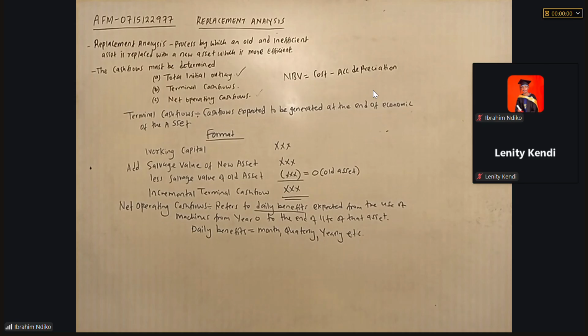So on a daily basis, weekly basis, monthly, quarterly, or yearly. The benefit that we expect from the use of that machine, we call the net operating cash flow.